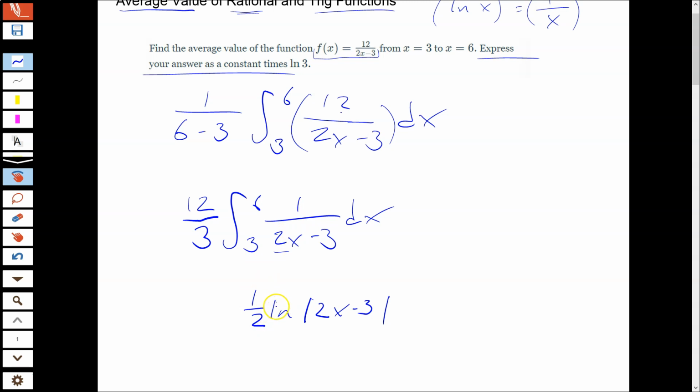And then I can check, and you can check, that the derivative of this now, well, here, I'll even show it. So if I took this derivative, I would get 1 over 2x minus 3 times 1/2, and then chain rule times the derivative of the inside, which is just 2, right?